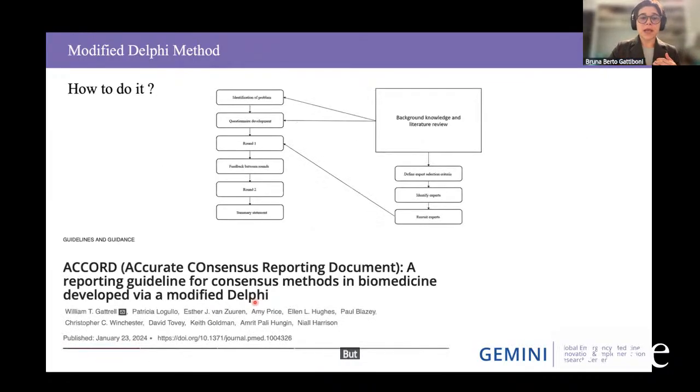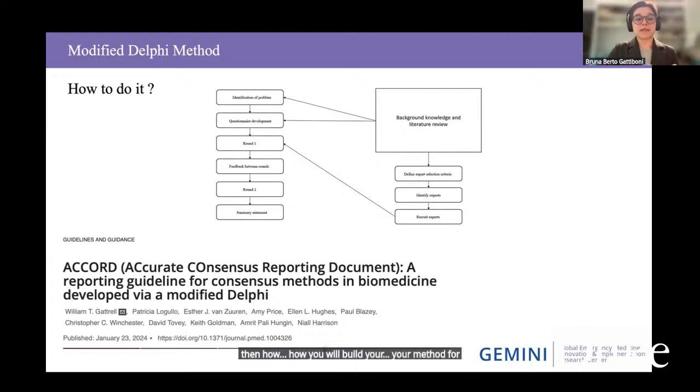But as you could see until now, how you could do a consensus group technique is so heterogeneous. You can use different methods, you can modify this method, and it's really hard to know how you will build your method.